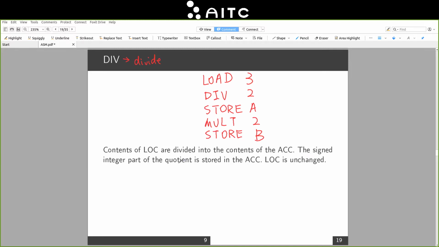The signed integer part of the quotient is stored in the ACC, so the value of A is 1, no decimal point. There's only the integer part of the quotient, not the decimal part. Another question: if the answer is 1.9, will it be 1 or 2?